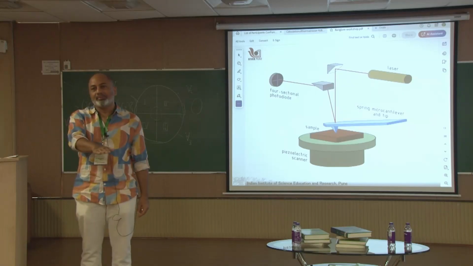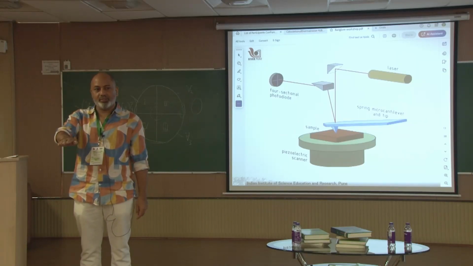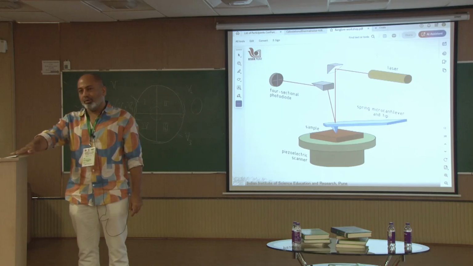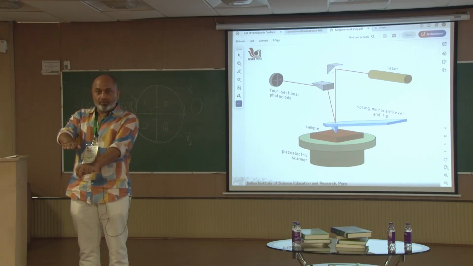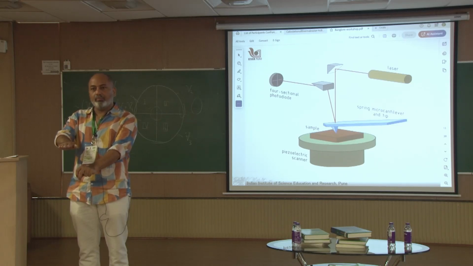To do a friction loop, I load a cantilever with a certain force, and I go laterally. Because the cantilever is now pinned down with a friction force, this will produce a torque.